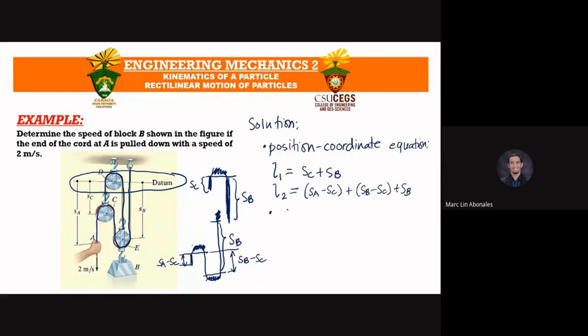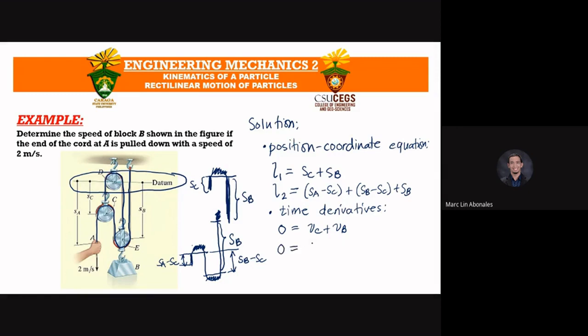After we establish the equations, we apply time derivatives. So the first equation is 0 is equal to VC plus VB. That is the derivative of position with respect to time.